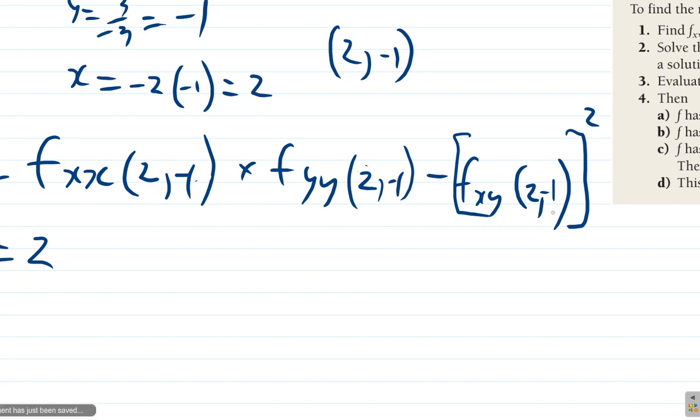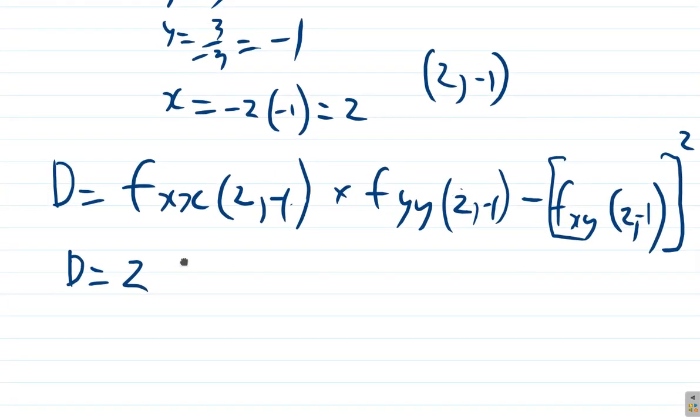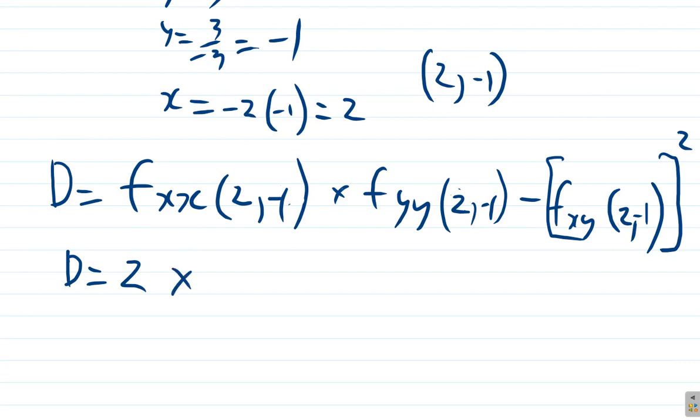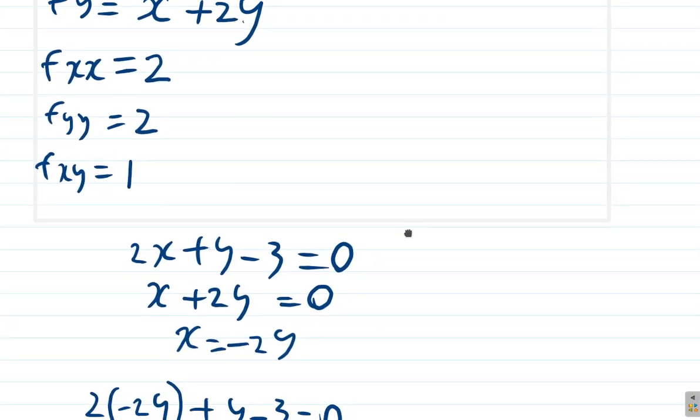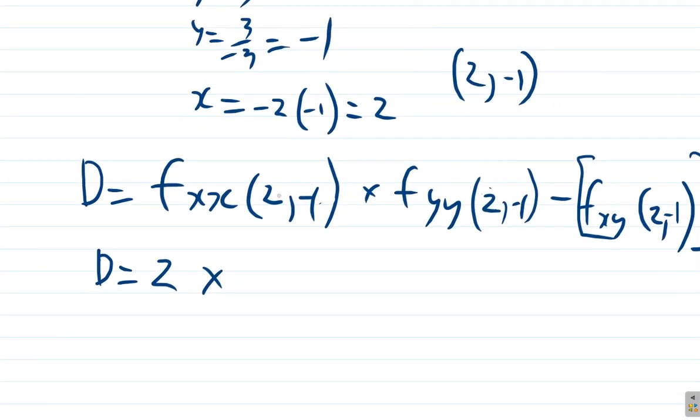Now, here, we're going to put these values there. So in this case, D is just 2 times, what was fyy? fyy is 2 as well. If it had said fxx was xy, we would have put 2 times negative 1, because x would be 2, y is negative 1.